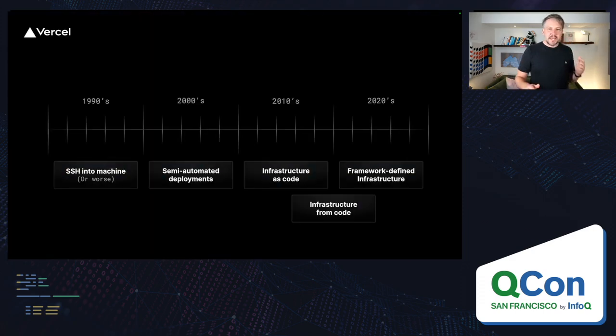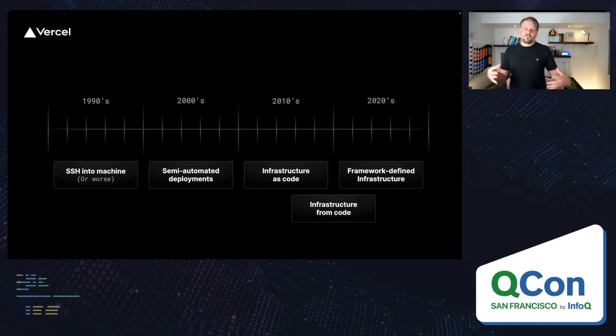But let's take a slight step back here, right? And look at how we used to deploy infrastructure, right? So in the 90s, and I definitely was around, we SSH into machines, or worse, right? I'm definitely the FTP generation, right? It was rough out there. And obviously that didn't quite work, so we started doing semi-automated deployments. That can be anything from basically a bash script to something slightly more sophisticated, right?